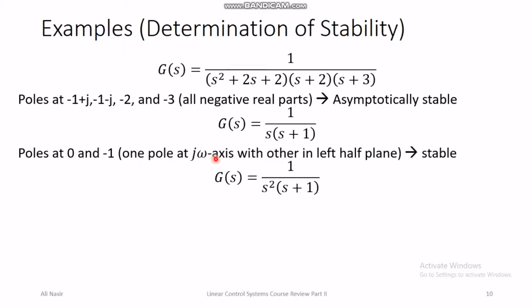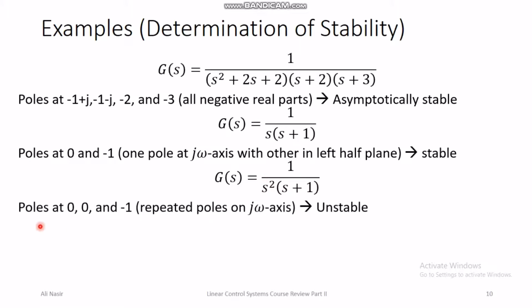For example, in this system we have 3 poles. 2 poles are at the same location on the j omega axis, so there is a repetition of poles on the j omega axis, and another pole is on the left hand side. So this system is unstable because there are repeated poles on the j omega axis.